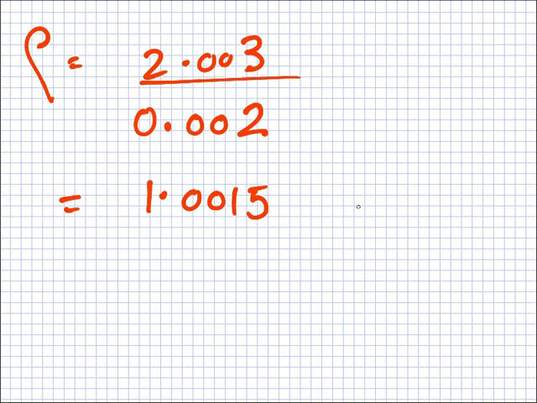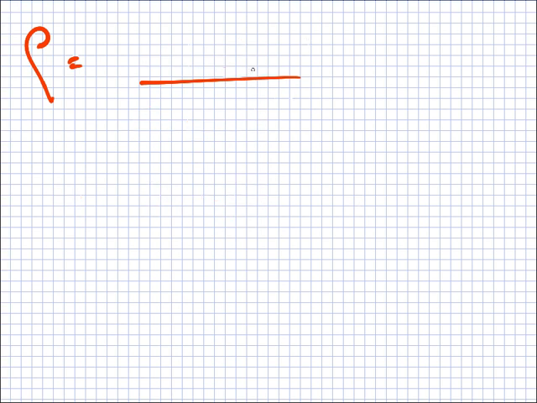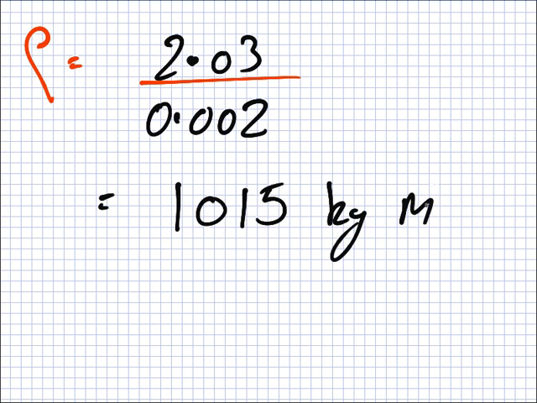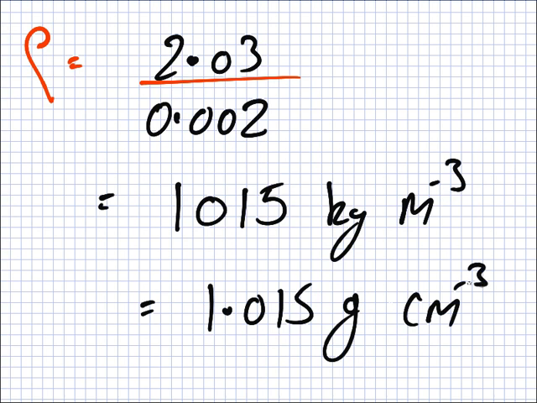Or have I done something wrong? The mass is 2.03, not 2.002. Oh, I have too many zeros. It's supposed to be 2.03 over 0.002. Yeah, okay. So it's supposed to be 1,015 kilograms per meter cubed, or 1.015 grams per centimeter cubed.